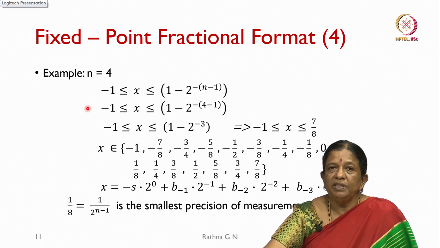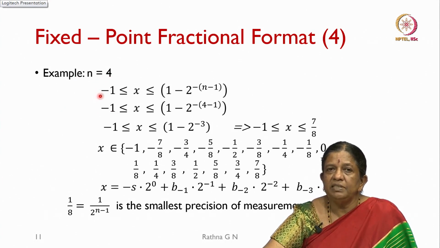So, coming to an example, we will see with n is equal to 4, what numbers I can represent in the fractional format. Which is minus 1 less than or equal to x less than or equal to 1 minus 2 power minus n minus 1. So, we are substituting n is equal to 4 here, which comes out as minus 1 to 1 minus 2 power minus 3, which is nothing but x should be less than or equal to 7 by 8.